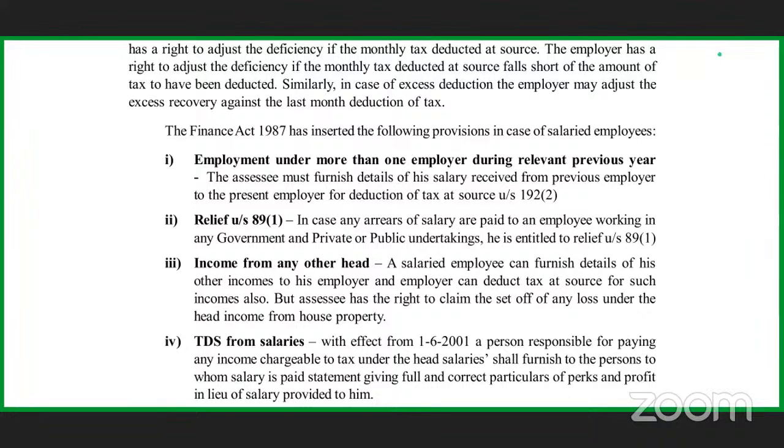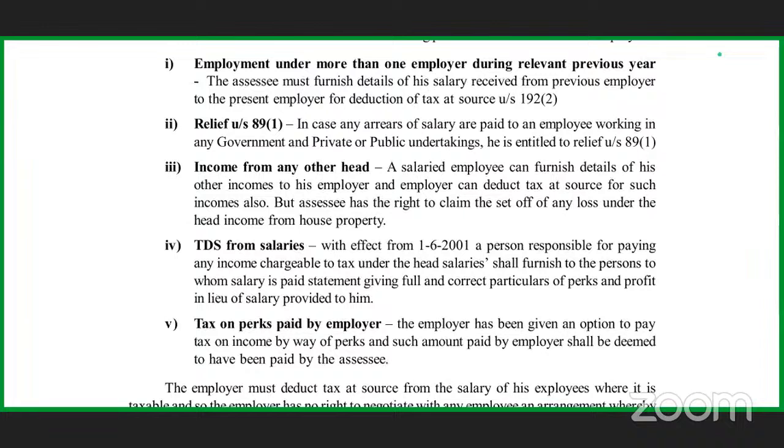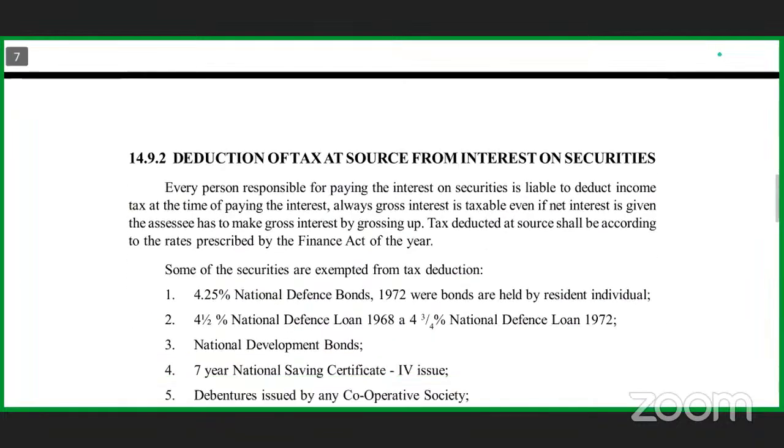Every month my employer will deduct some amount, the amount which we have given, and the remaining is paid to us. And when it comes to February or March, where the total tax has to be paid, at that time it will be checked, and the remaining will be paid by the employee.